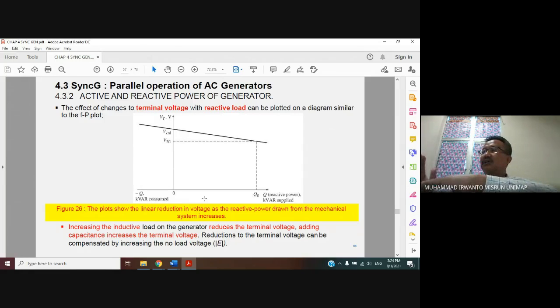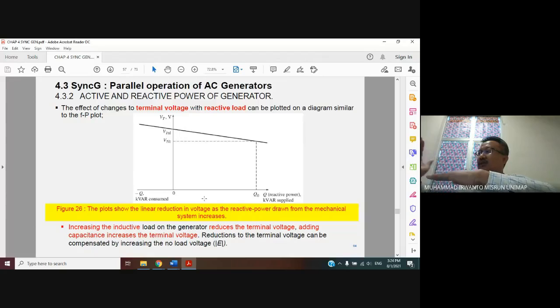Now, the other type of power is reactive power. Reactive power can be capacitive power or inductive power or a combination of them. This reactive power affects the terminal voltage of the generator.